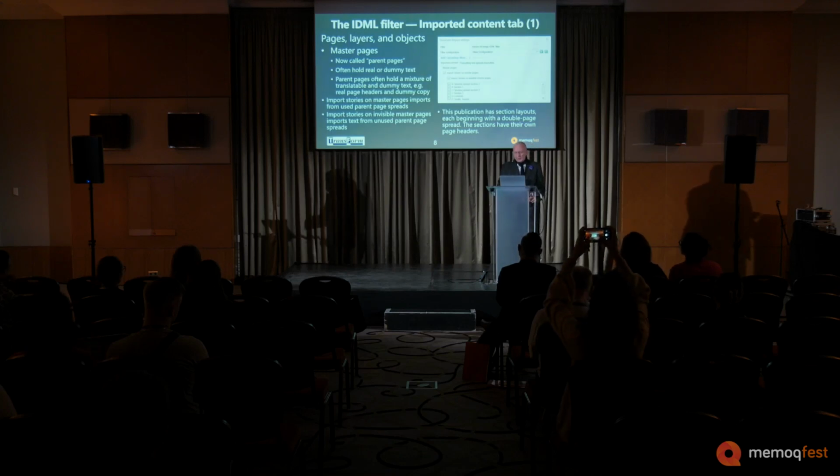It uses the text import stories on master pages, the old name. That controls whether or not you import the text on the parent pages. But it imports the text on the parent pages that are actually applied to normal pages in the publication.